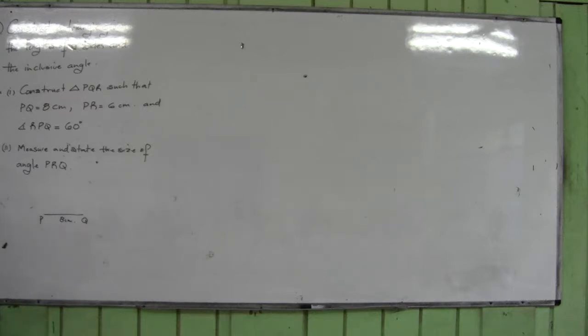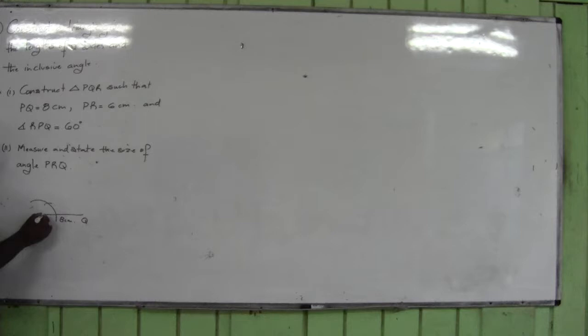Here's how you answer that question. If three letters are used to reference an angle, the angle is always at the letter in the middle. So at P, I'm going to construct a 60-degree angle, which we know how to do well. Then now we're going to draw the line PR. What is the length of PR? 6 centimeters.